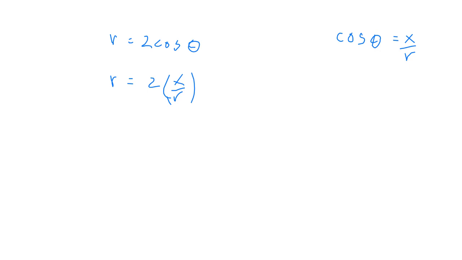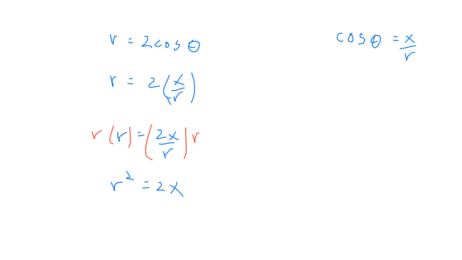Now, this means then that r equals 2x over r. But what I can do is manipulate this equation and multiply by r on both sides. If I do that, I'll get r squared equals 2x. That's fine. But what is r squared equal to?